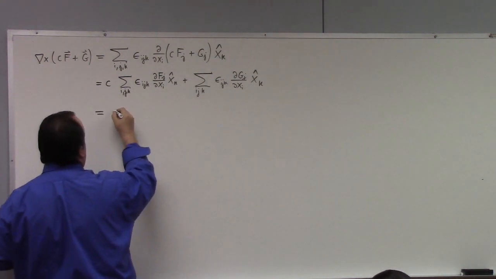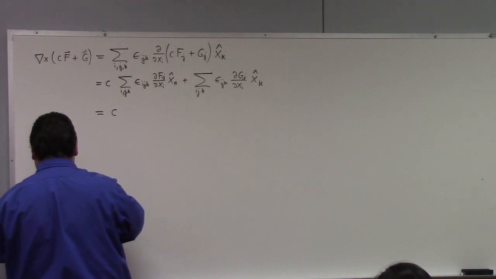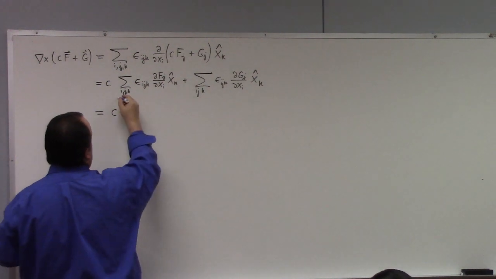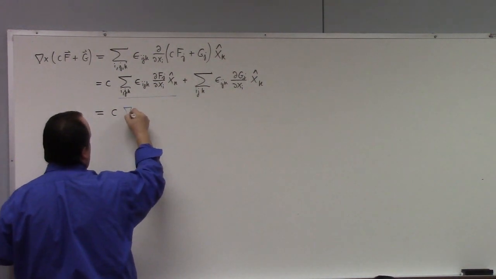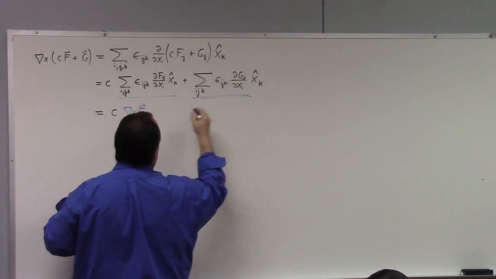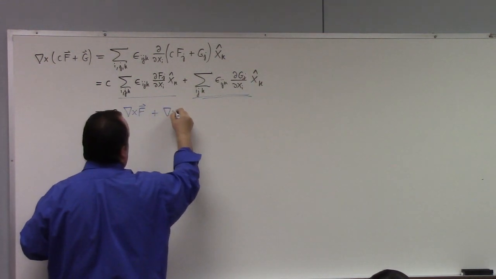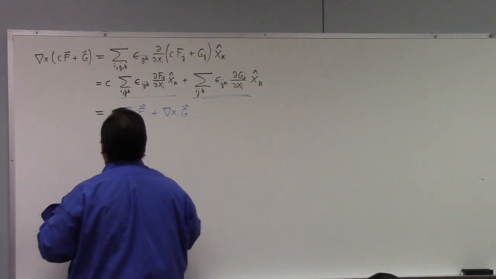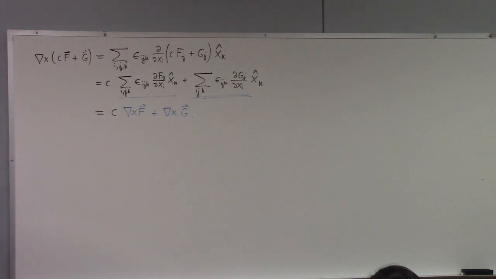So what do we have? We've got c times what? This right here is the curl of F. And this guy over here is the curl of G. Now, if I ask you to prove a property of the curl or divergence on the test, do you have to use this notation?